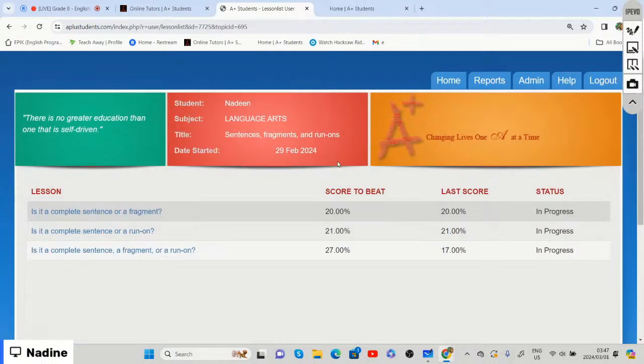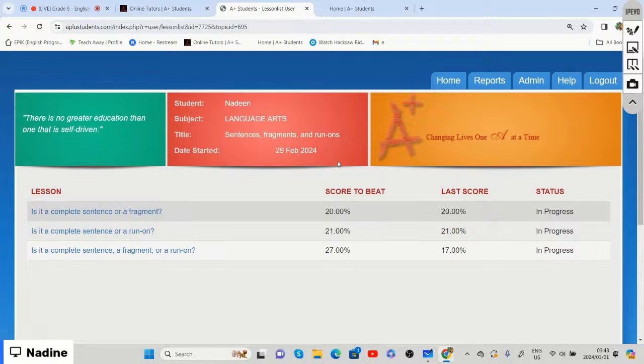All right, so that is the end of our lesson on sentences, fragments, and run-ons. We see the sentence, it expresses a complete thought. It has both a subject as well as a verb. Then a sentence fragment, right? It does not express a complete thought. It's either missing a subject, a verb, or a helping verb. Then we have a run-on sentence, right?